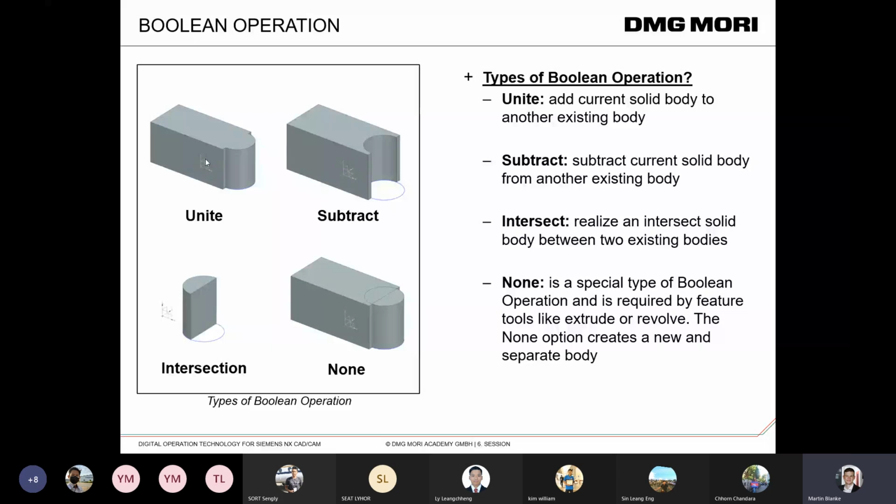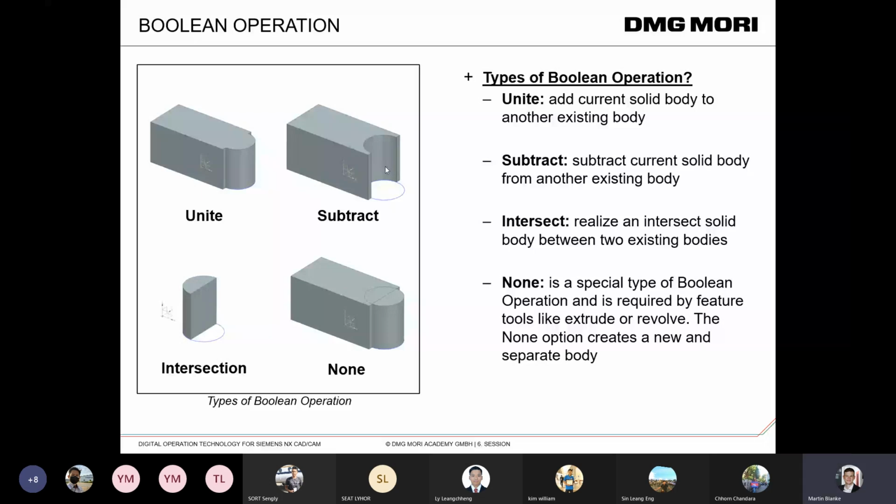The second type is subtract. In this case, we don't add material, we cut material away. So the subtract type subtracts a current solid body from another existing body. The result you can see on the top right side in the picture. So now some material in this area is missing.